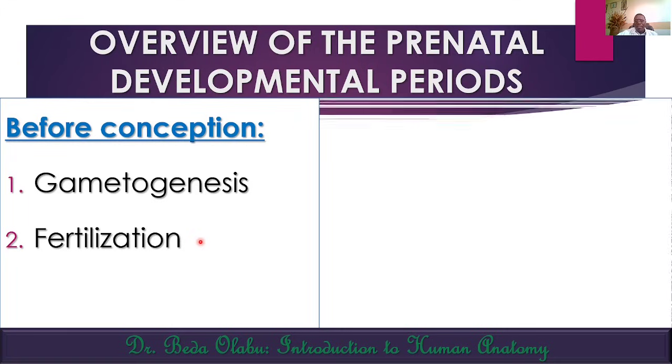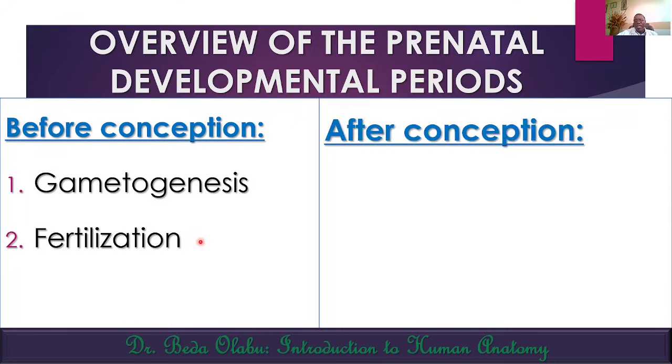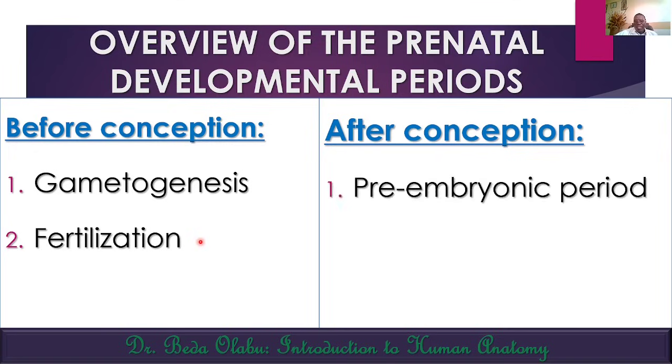Once conception has taken place, we are now ready for development. After conception, I prefer dividing the period into 3 for the sake of understanding some key events that take place. The first period is what I call the pre-embryonic period, or the early developmental period.